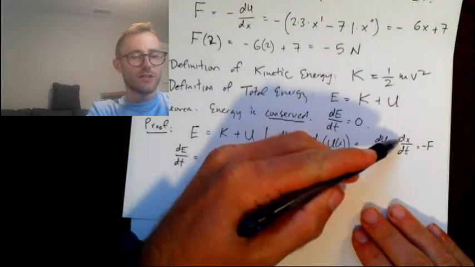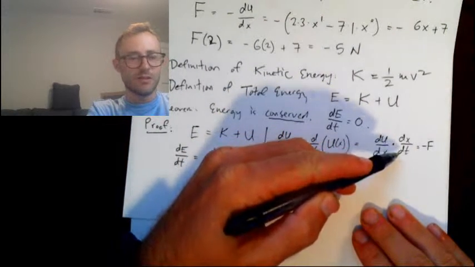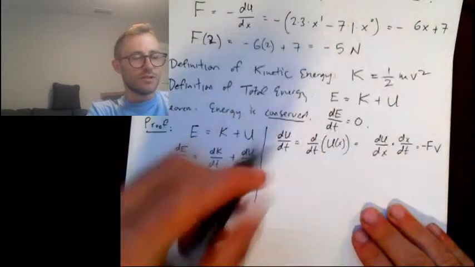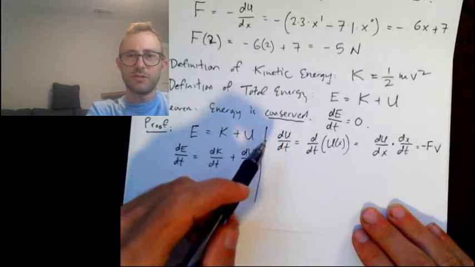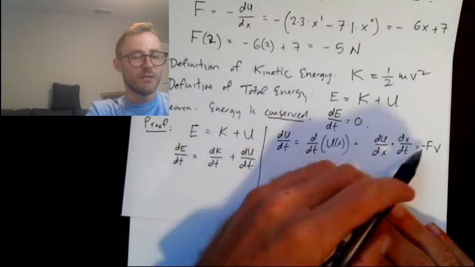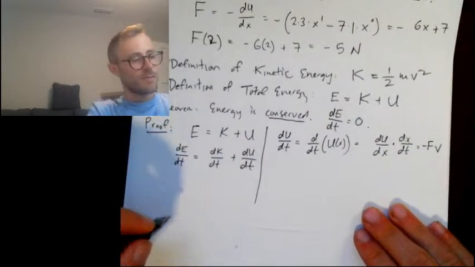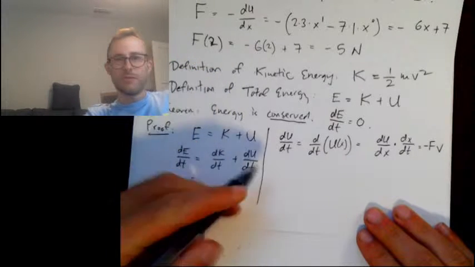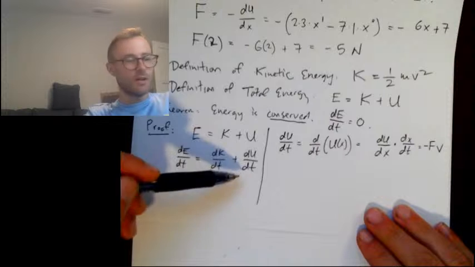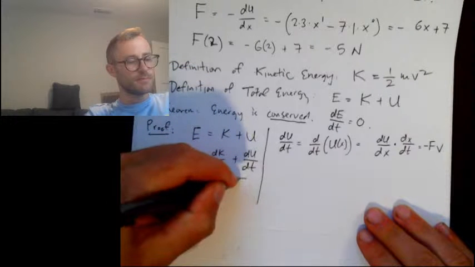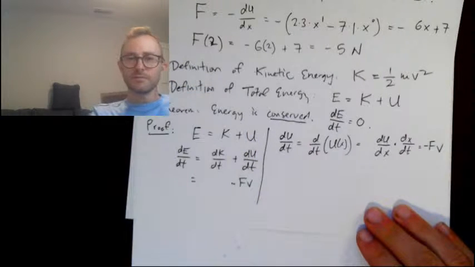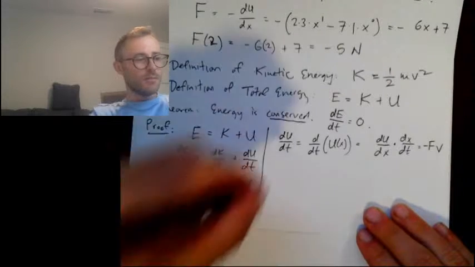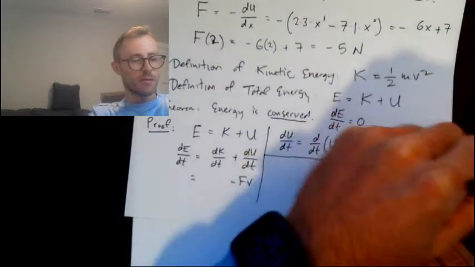And dx/dt is the velocity. So the derivative of the potential energy with respect to time is negative force times velocity. Okay? So for this term, I can write negative FV. Cool, so we did that one.